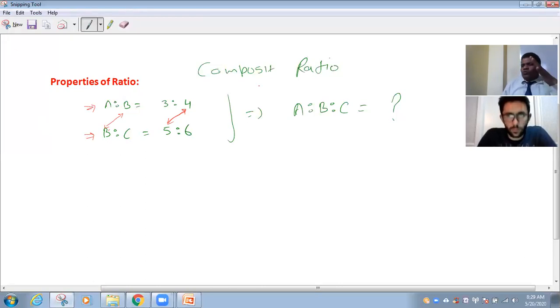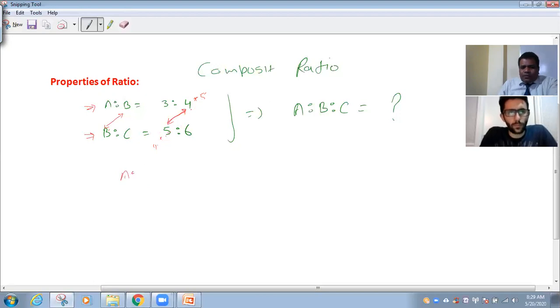Now, how to club these two? Just try to equate these two. How to equate? As you know, a ratio multiplied by a constant term remains unchanged. If this number is multiplied by 5 and this number multiplied by 4, don't you think these will be equal? Yes, 4 into 5 is 20.